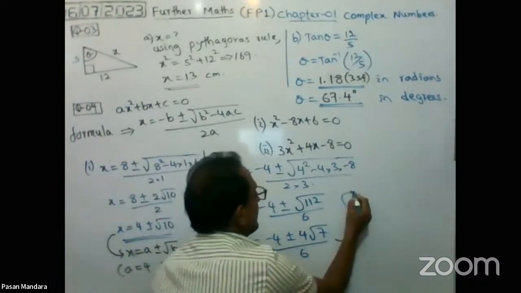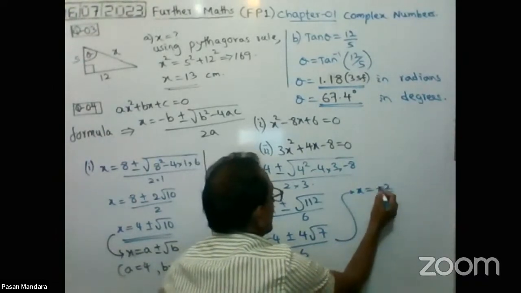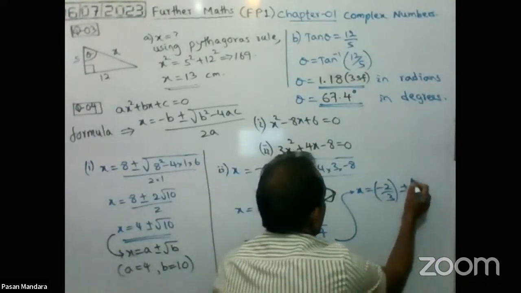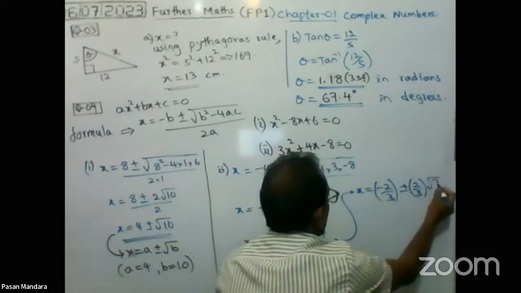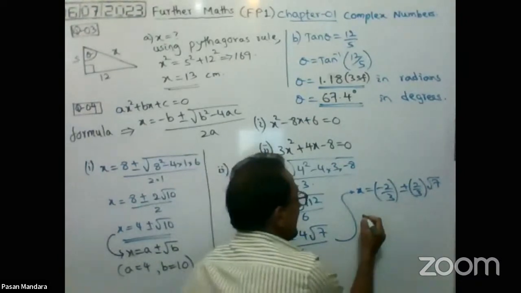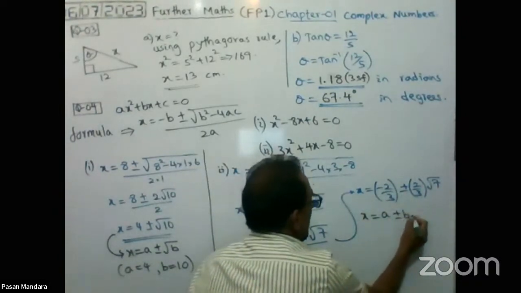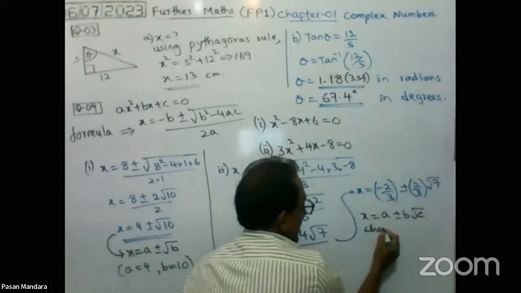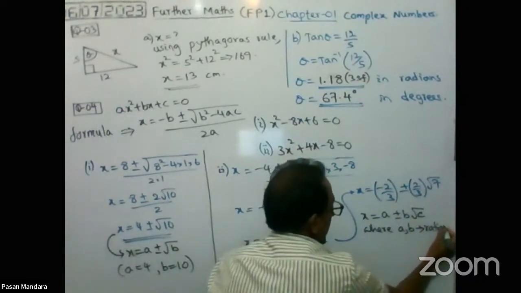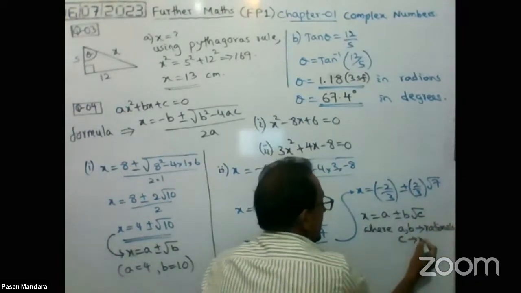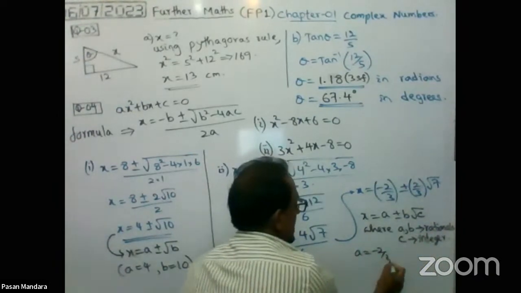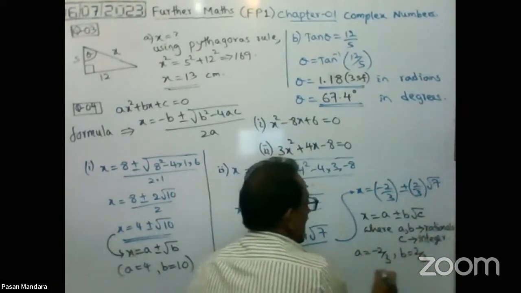So the answer getting, so this time the answer is given in this form. So if I propose this as A plus or minus B root C, where A and B are rational, C is an integer, then you answer A this, B this, C is 7.